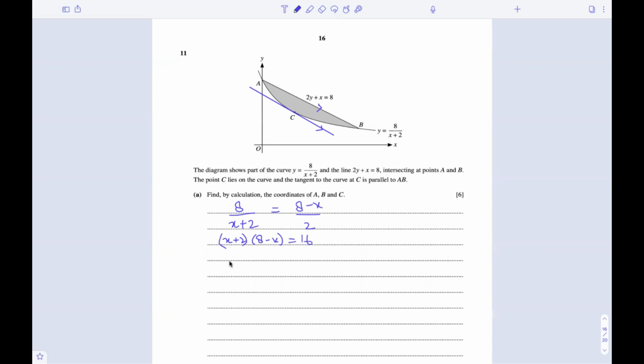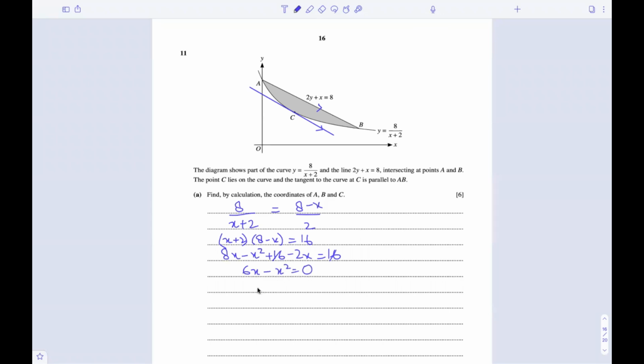Expanding this, we get x into 8, which is 8x, minus x squared plus 16 minus 2x is equal to 16. 16 and 16 will cancel out. We will have 8x minus 2x, which is 6x minus x squared, equal to 0.